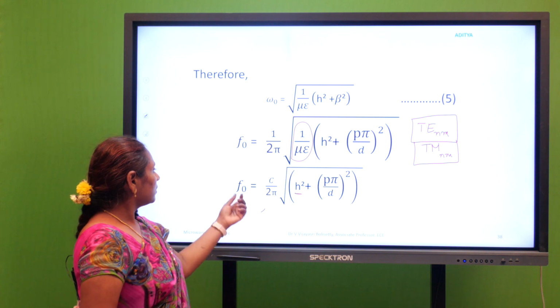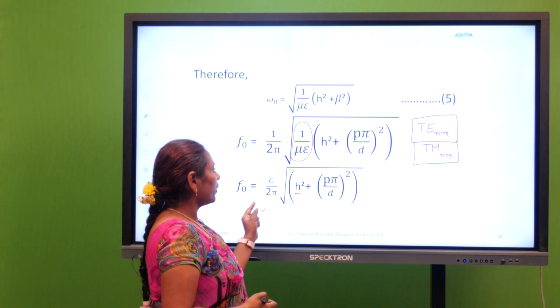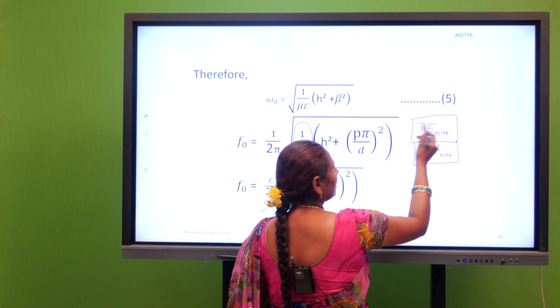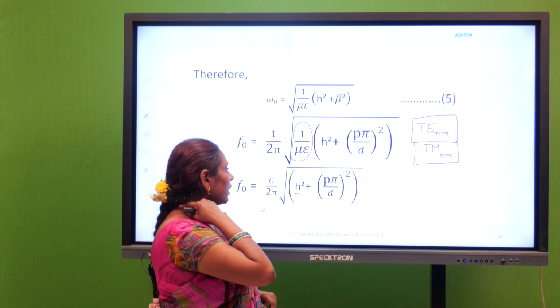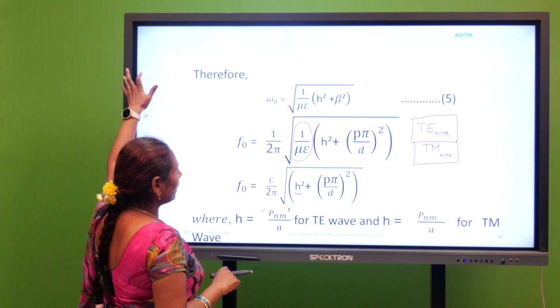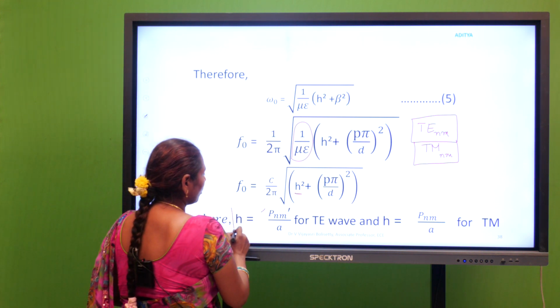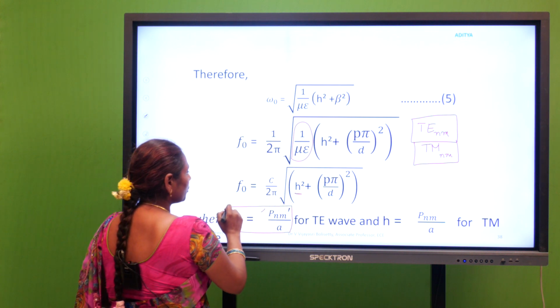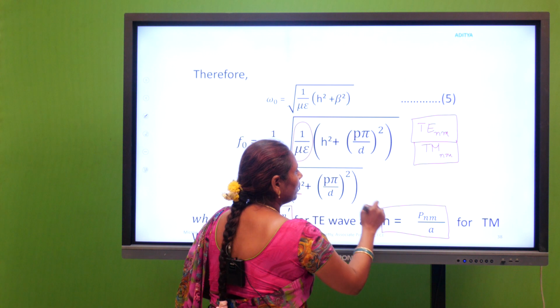Now the resonant frequency f naught differs, because h for TE nm is P nm dash by a, and h for TM nm is P nm by a.